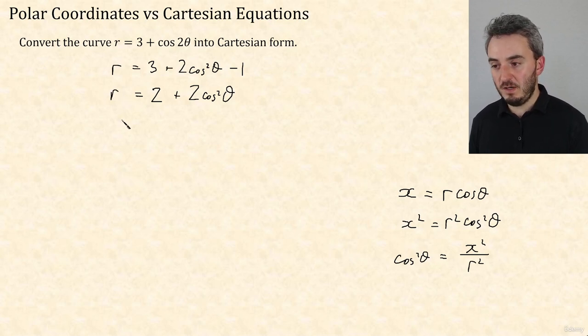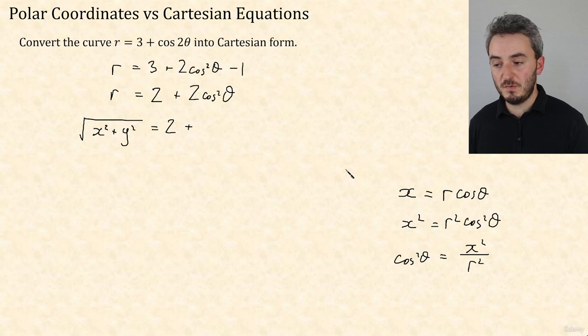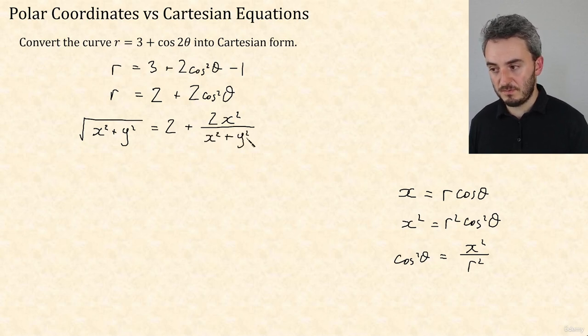We've got r, which I can replace with root x squared plus y squared, is equal to 2 plus 2 cos squared theta. So that is 2x squared over r squared, and r squared is x squared plus y squared.